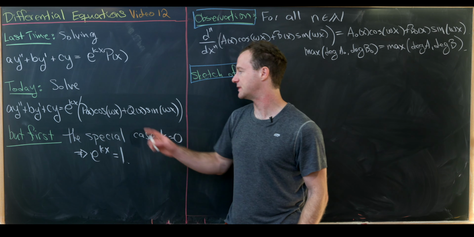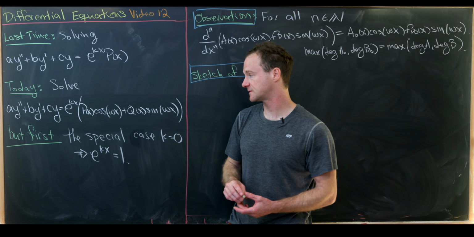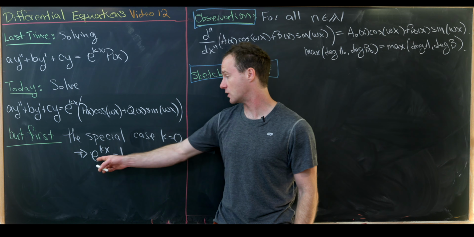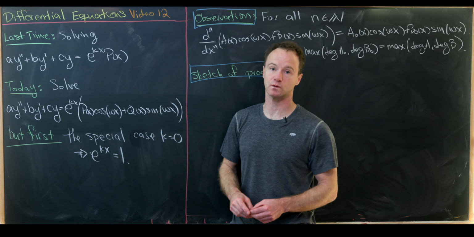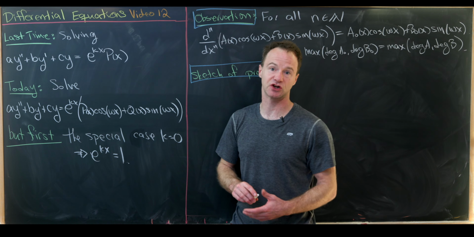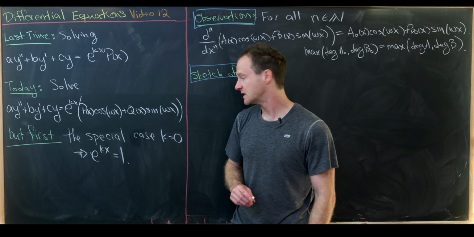And this is, of course, where p and q are polynomials. But first, we'll look at the special case when k equals 0, which means e to the kx equals 1, which really means we just have polynomial combinations of this cosine and sine.